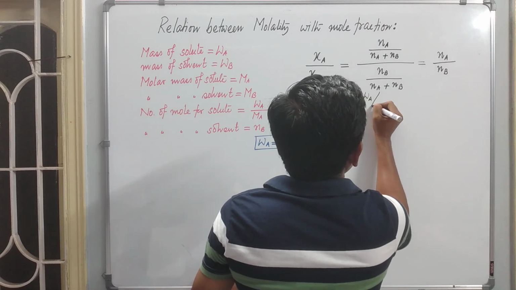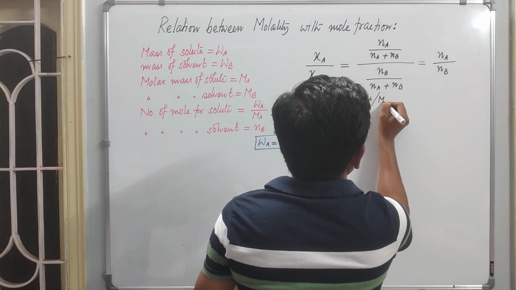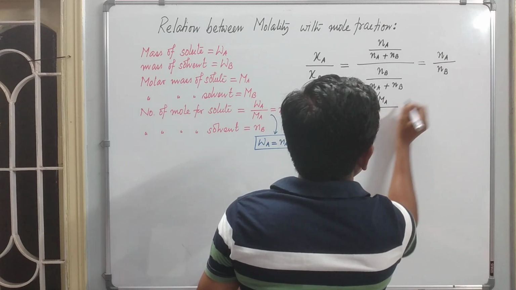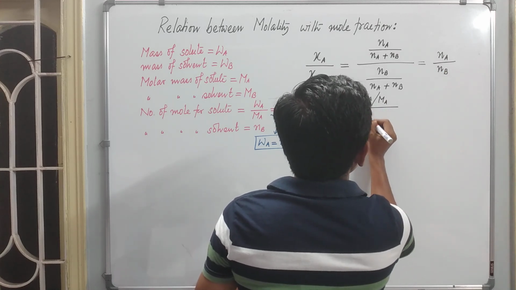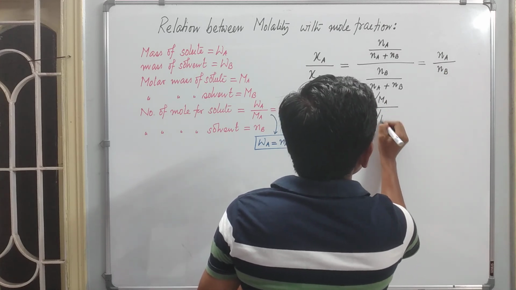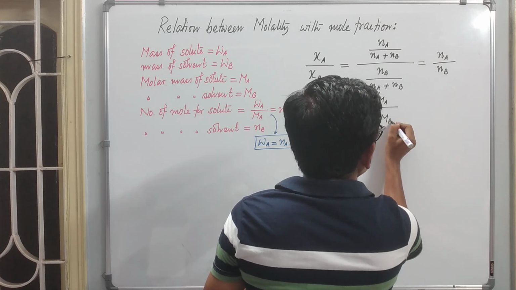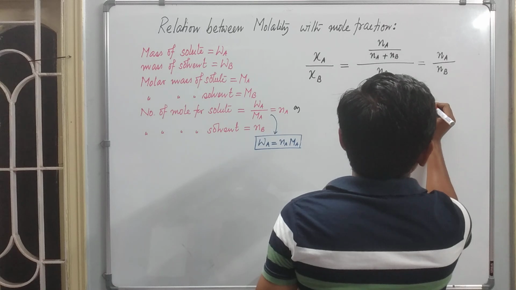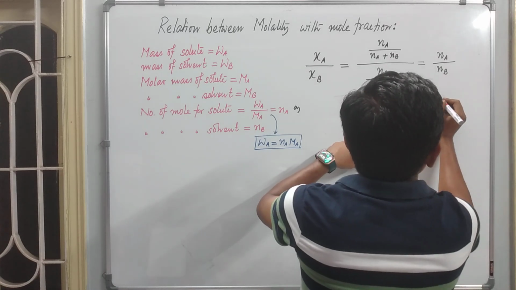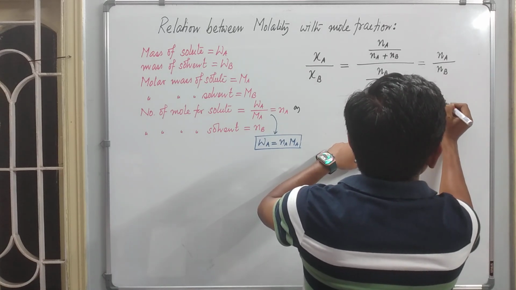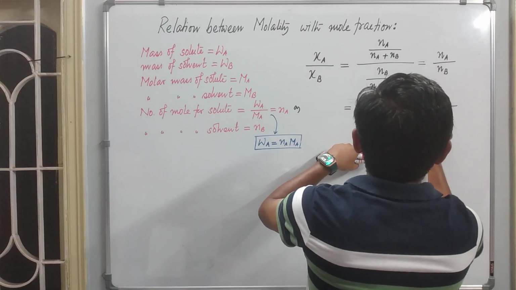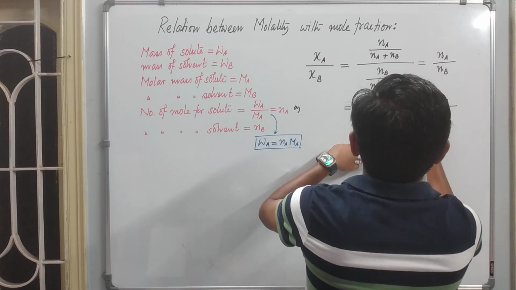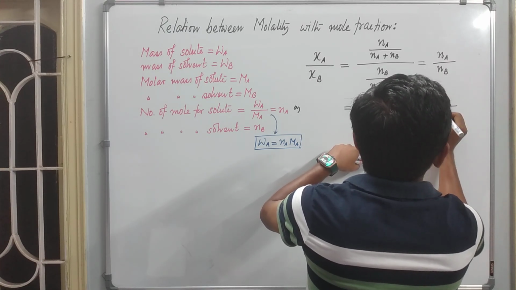Wa, the given mass, whole divided by the molar mass, and this is how we will get the number of moles. Similarly, for the solvent we can write it like this. So if we simplify, what will we get? We will get the given mass of solute multiplied with the molar mass of solvent, whole divided by Wb into Ma.